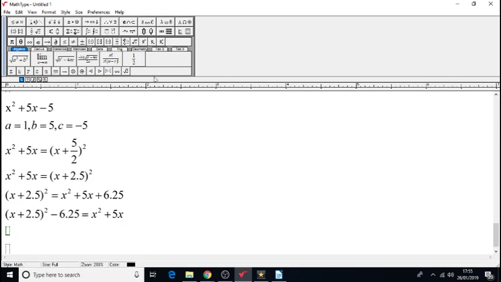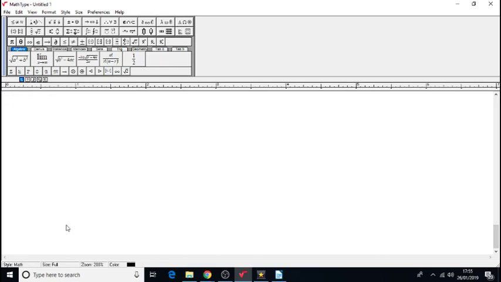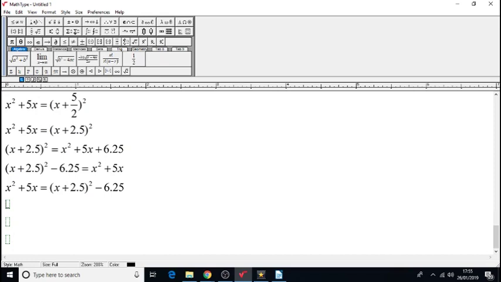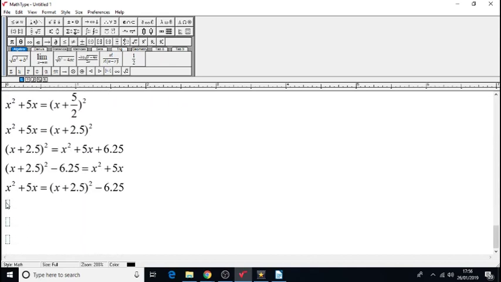So now we just rewrite it, but this time the sides are flipped. So x squared plus 5x is equal to (x plus 2.5) squared minus 6.25. Because we're trying to solve the equation, we know what x squared plus 5x is equal to. But this original quadratic equation, we're trying to get it to match this. So we add the minus 5 to both sides.